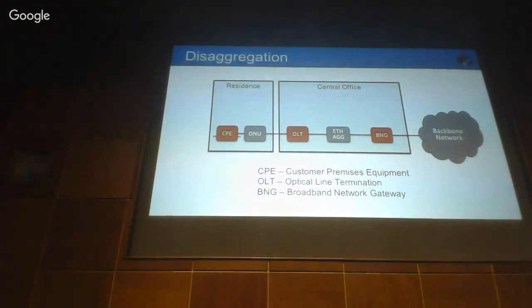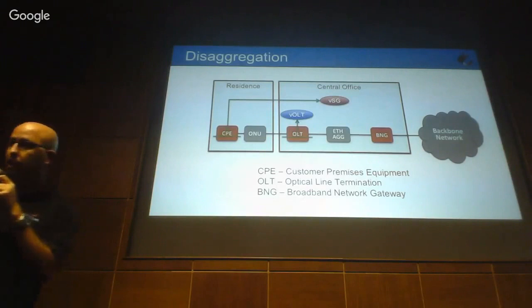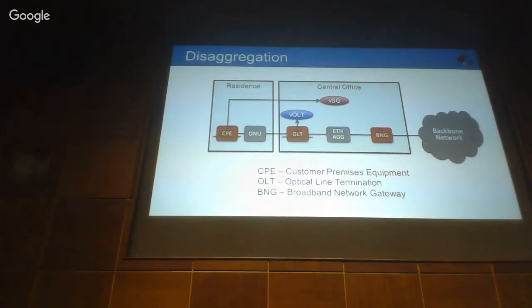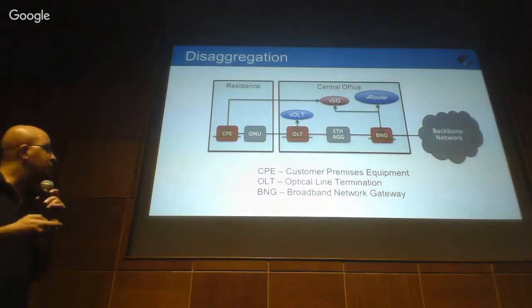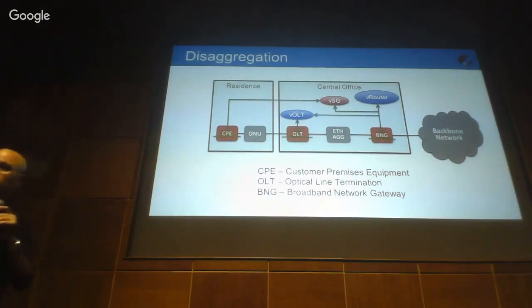So the CPE, we've lifted its brains out and put it into a VSG in the cloud. The OLT, we've lifted the intelligence out of it and put it in the VOLT service. For the BNG, we've taken its routing function and put it into the virtual router, its NATing function goes into the VSG, and then its authentication goes into the VOLT.